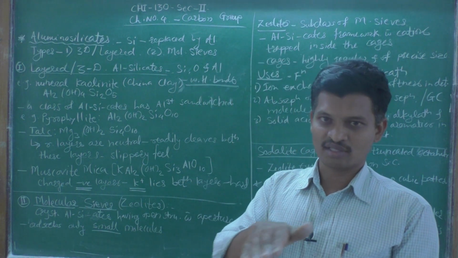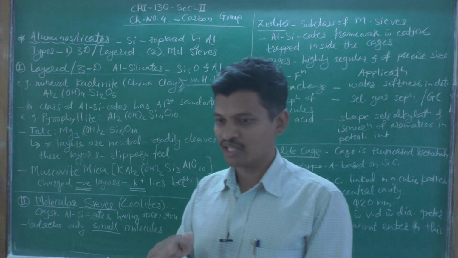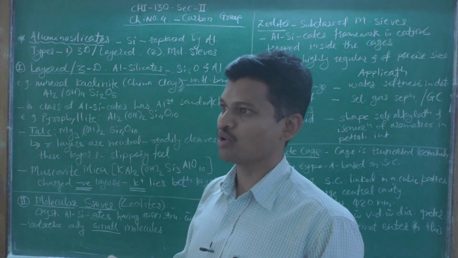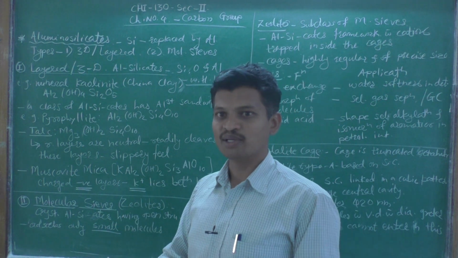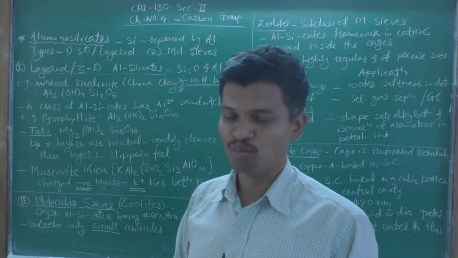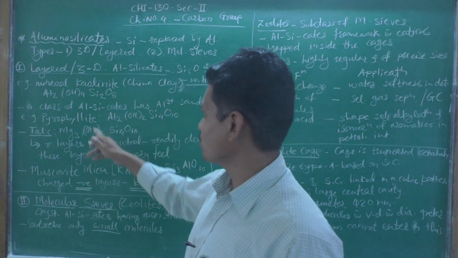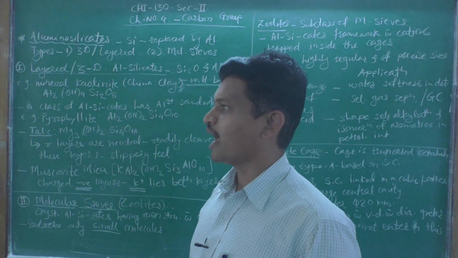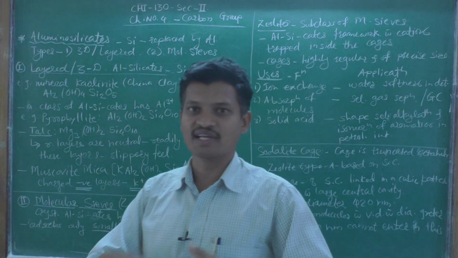These 3-dimensional layered aluminosilicates are held together by weak hydrogen bonds, and they can be broken, and once they are broken, the water molecules can enter into the aluminosilicate layers, and we can mold that clay into different shapes.